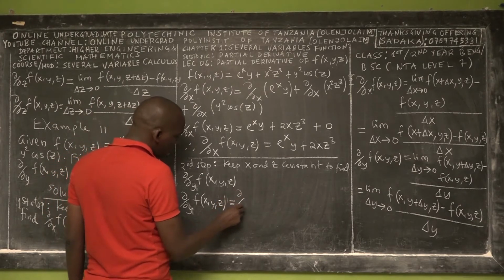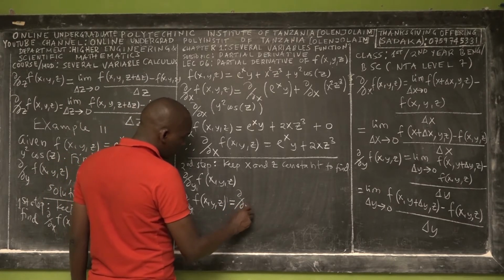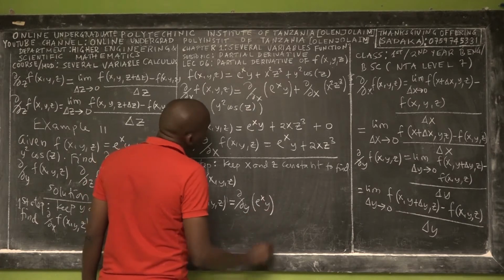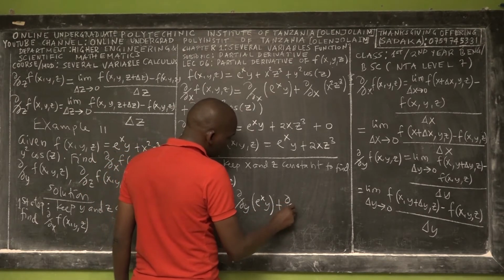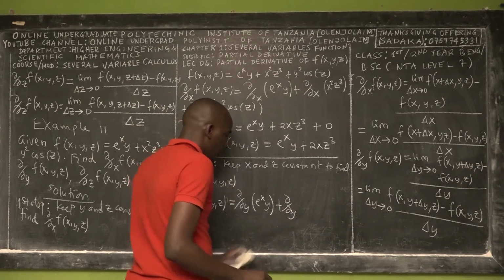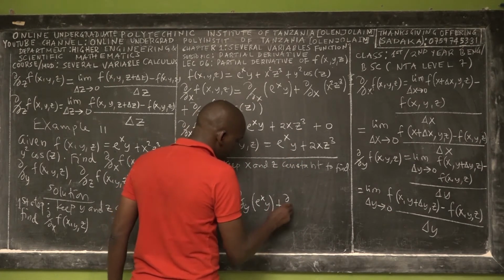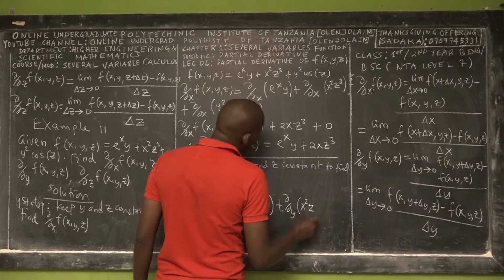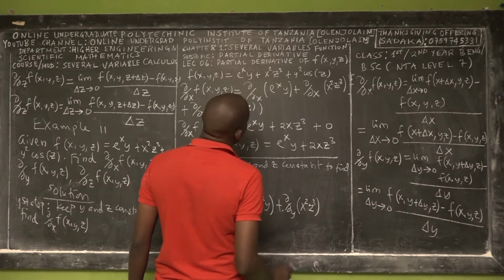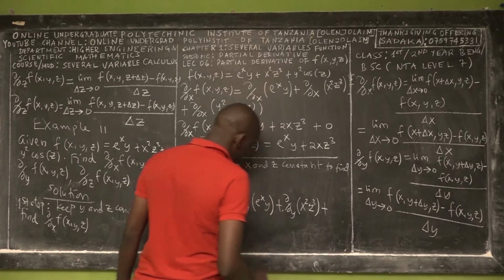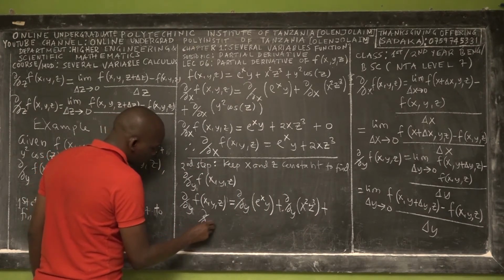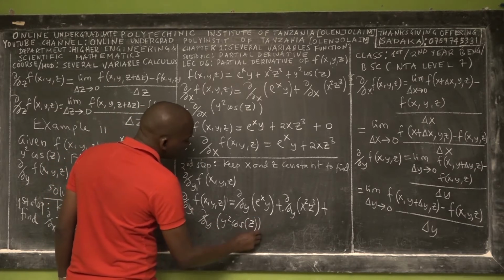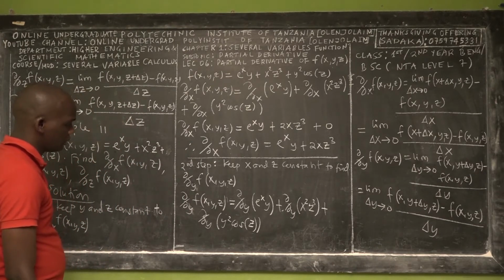You have to differentiate the first part of the function with respect to y, where we have e to the x y, while x has been kept constant, plus the partial derivative with respect to y of x squared z cubed. Then plus the partial derivative with respect to y of y squared cos of z, like this.